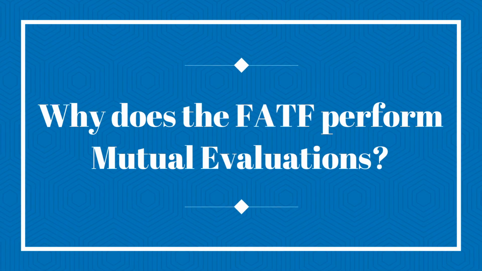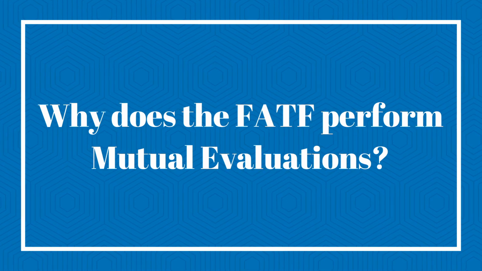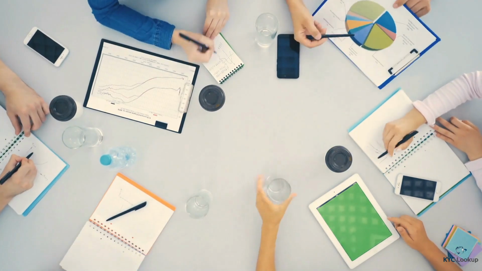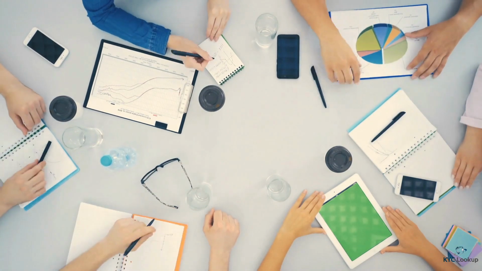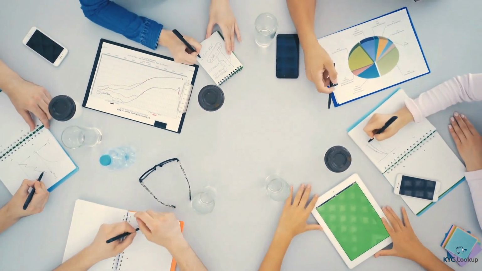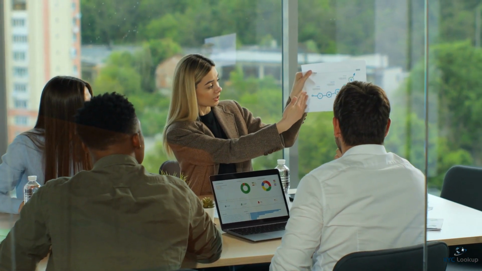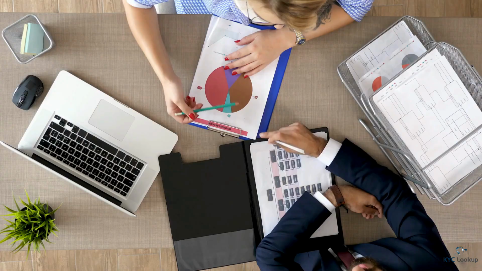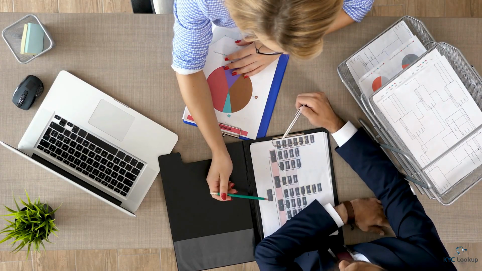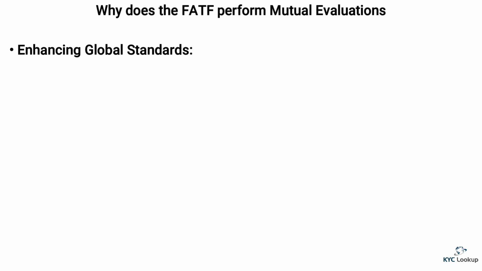Why does the FATF perform mutual evaluations? The Financial Action Task Force, FATF, performs mutual evaluations on countries to assess and monitor the country's compliance with international standards in the fight against money laundering and terrorist financing. The primary reasons for conducting these evaluations are enhancing global standards.